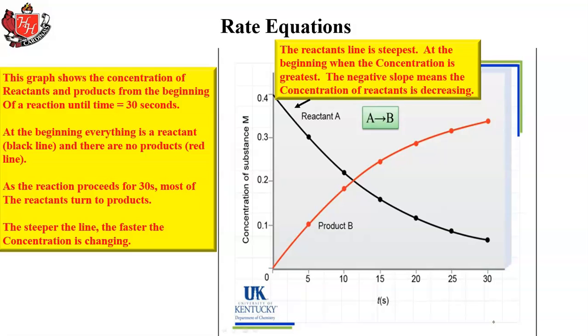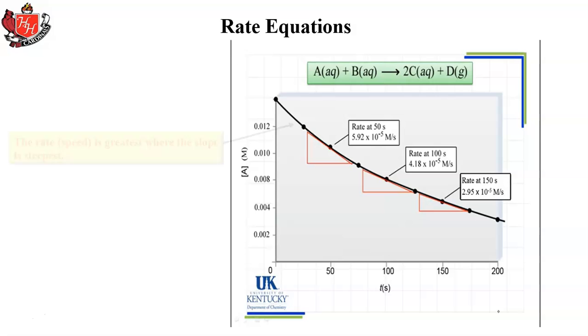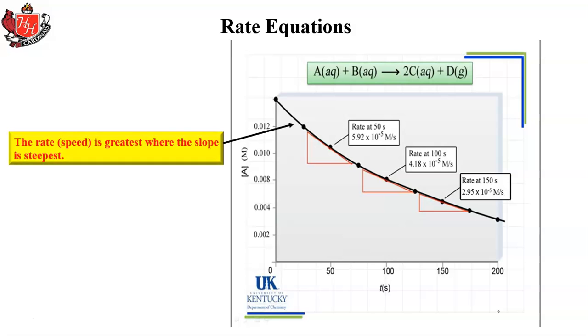The negative slope means the concentration of the reactants is decreasing. And similarly, the product line is increasing rapidly at the beginning when the reaction is the fastest and where the line is the steepest. Okay, and the rate speed is greatest where the slope is steep.